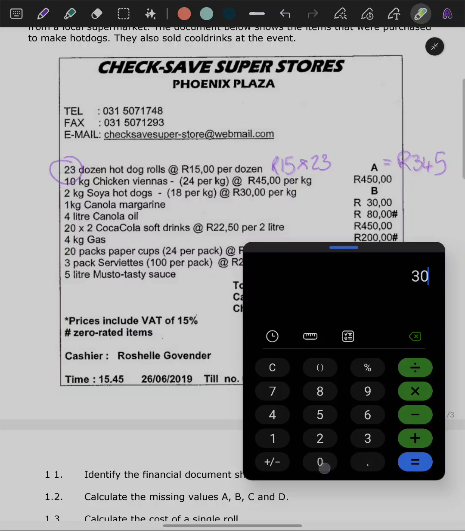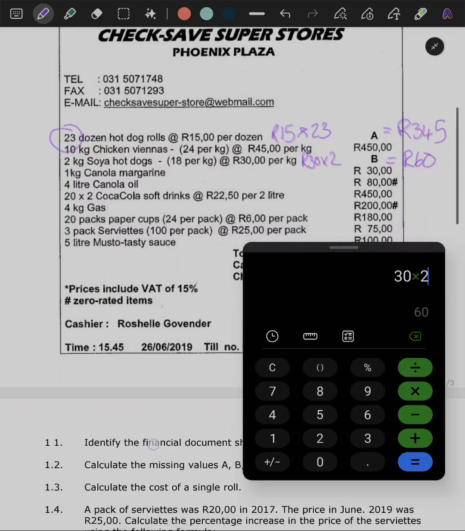So all we're going to do is 30 Rand times 2, which is 60 Rand. Let's do that in a different color pen. 30 Rand times 2, 60 Rand for B.